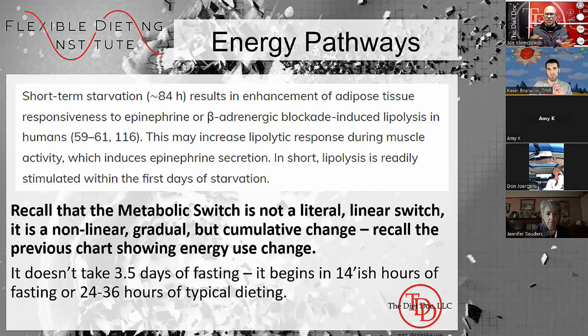So recall that the metabolic switch, I think I've gone over this already here in the last few minutes, is not a literal linear switch, but it's gradual. So that chart that I showed you, over hours, your body's just increasing its use of lipids, and you even become better and better at it. As insulin sensitivity changes, I think I have this in a slide coming up, you start losing body fat even faster and more effectively. And there is a point in which the ketogenic crowd says, aha, look, for this entire short window of time, all of about a week or so, in a ketogenic diet, your body actually increases in its metabolic output, but then it actually declines.